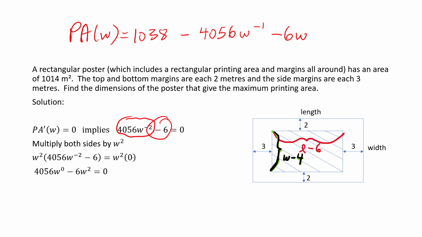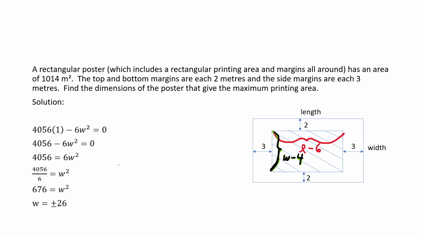If we set that equal to 0 and do a little algebra, multiplying both sides by W squared, we get 4,056 equals 6W squared. Dividing both sides by 6, W is plus or minus 26.